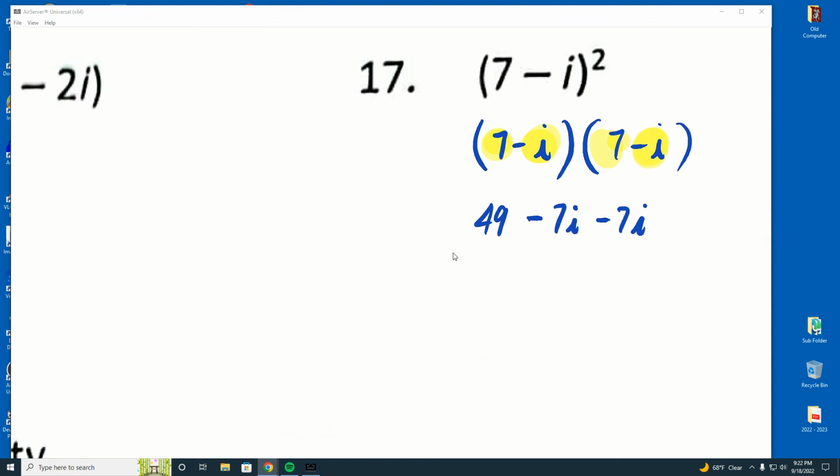Well, negative times negative is positive, and i times i is i squared. Well, what have we said about i squared? It equals negative 1. So that's plus negative 1. Well, what does plus negative 1 mean? Well, it means minus 1. So 49 minus 1 is 48. And negative 7i minus 7i is negative 14i. And that's done.